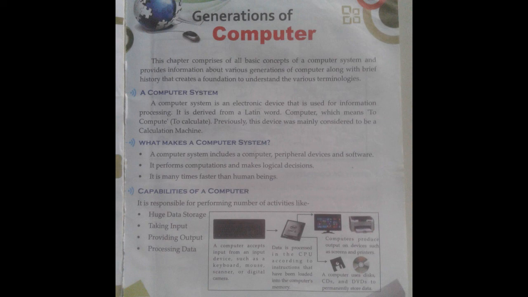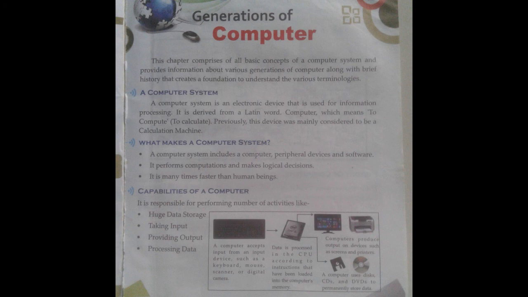It comes from a Latin word which means to compute or to calculate. So we can say any kind of machine which processes any data and calculates something comes under the category of computer. For example, we can say our smartwatch or our mobile phone. They are all sorts of computers.